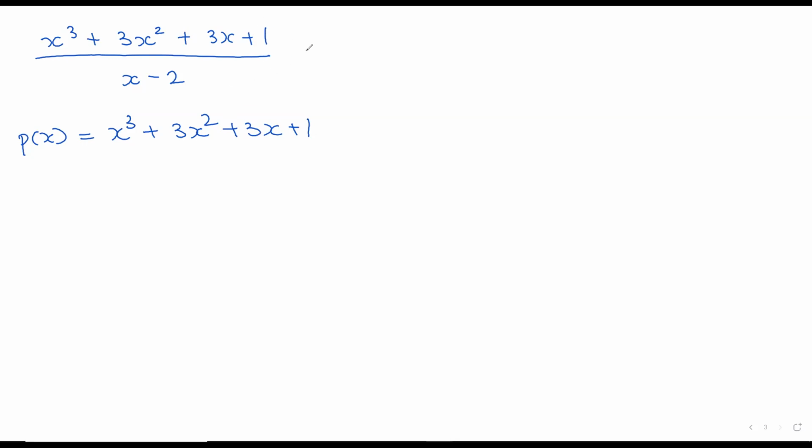That when we divide these two, we don't know about the quotient, but we know one thing about the remainder, that remainder is going to be equal to p of what? Now that's the question. And remember, you have to compare this with x minus a.